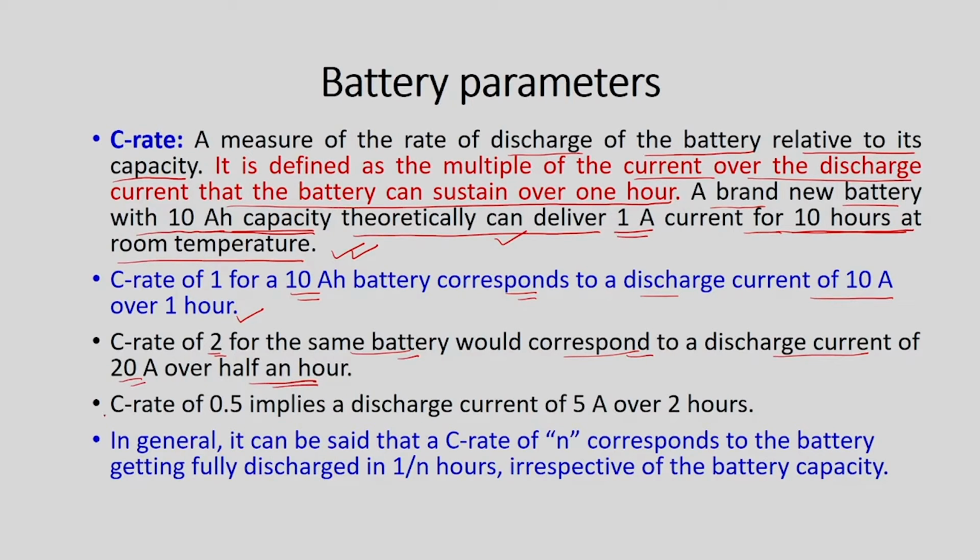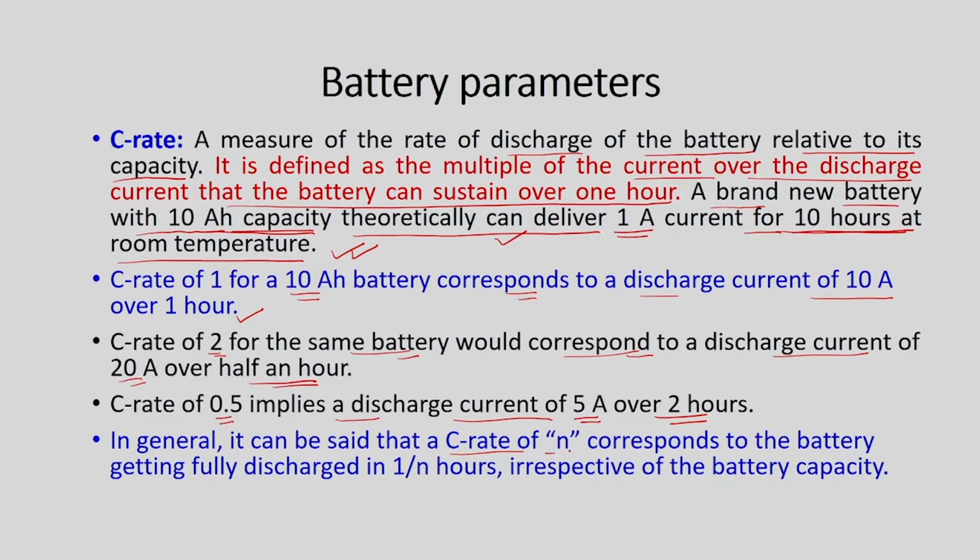And one more example, C rate of 0.5 implies a discharge current of 5 ampere over 2 hours. In general, it can be said that C rate of n corresponds to the battery getting fully discharged in 1 by n hours, irrespective of the battery capacity. This we should keep in mind, and this example will be very helpful to understand how C rate is defined.